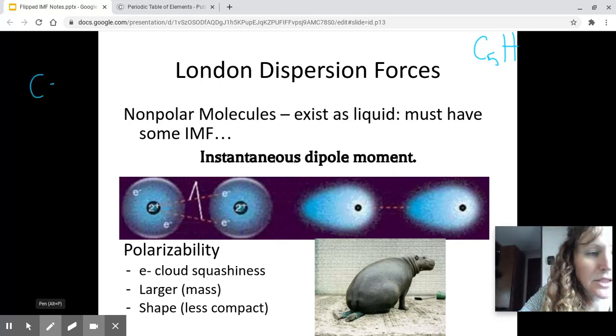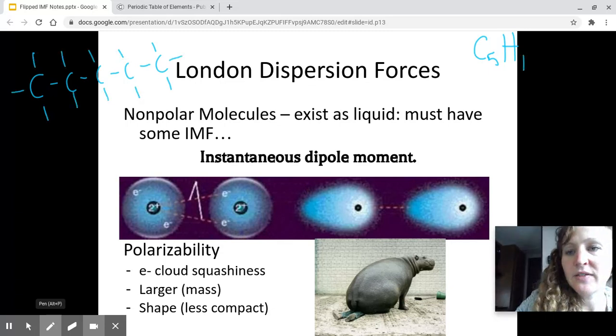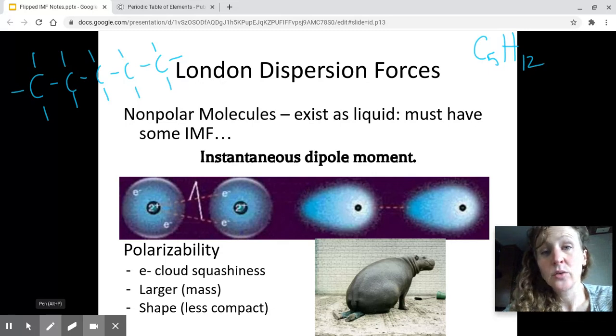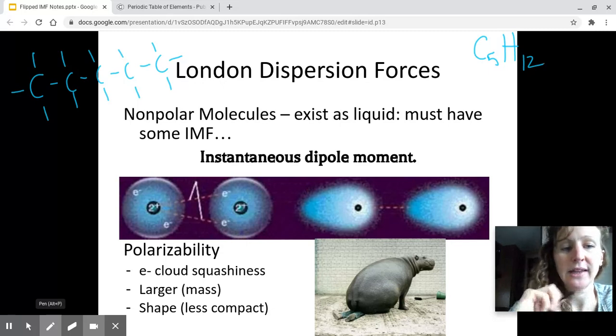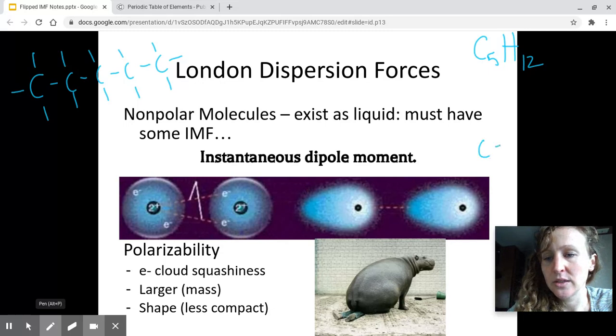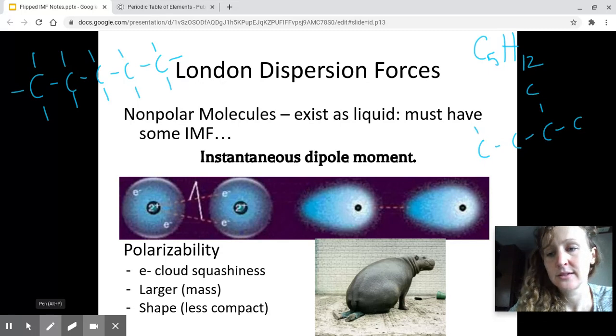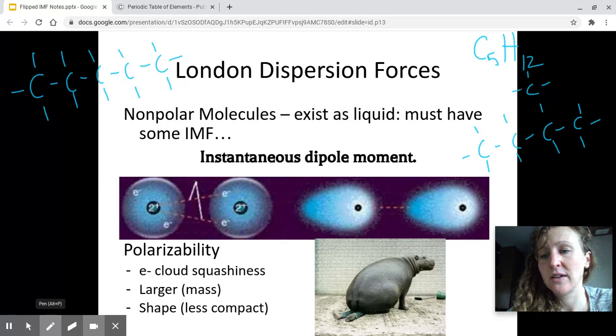Let's draw this out. 1, 2, 3, 4, 5 carbons, and 1, 2, 3, 4, 5, 6, 7, 8, 9, 10, 11, 12 hydrogens. C5H12. We can write a molecule with 5 carbons a couple different ways, right? We can write it like that. That would be pentane. We can write it like that. That would also be C5H12. It'd just be a different isomer of C5H12.